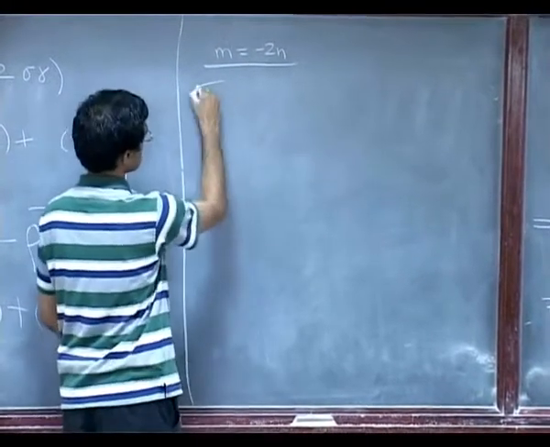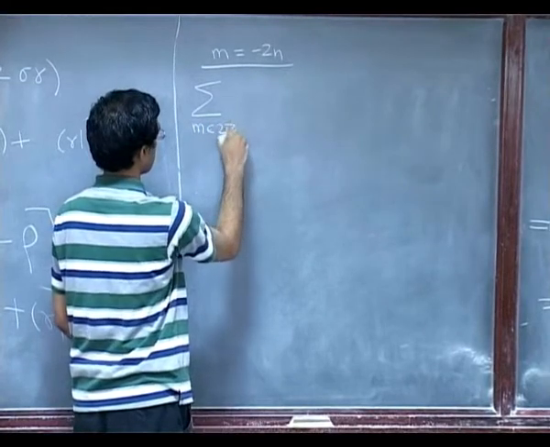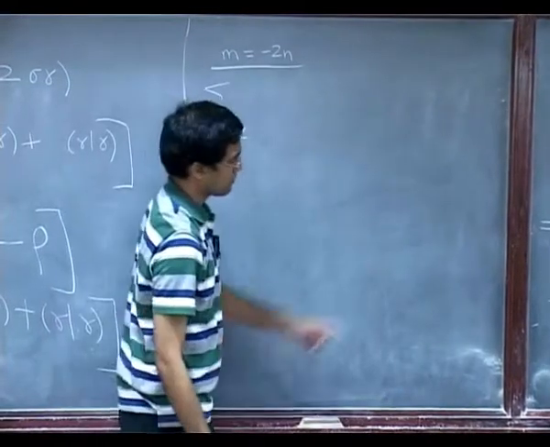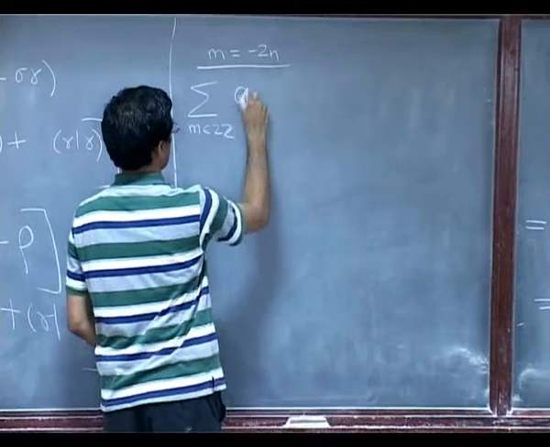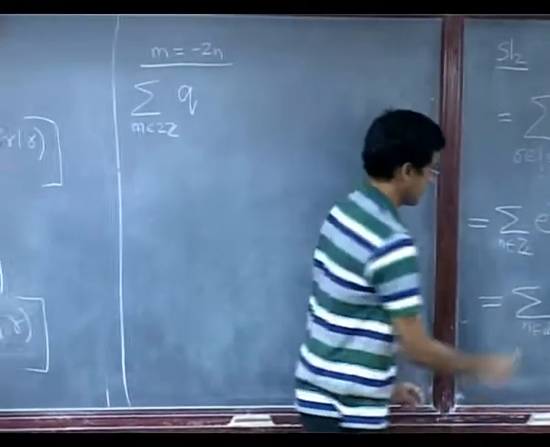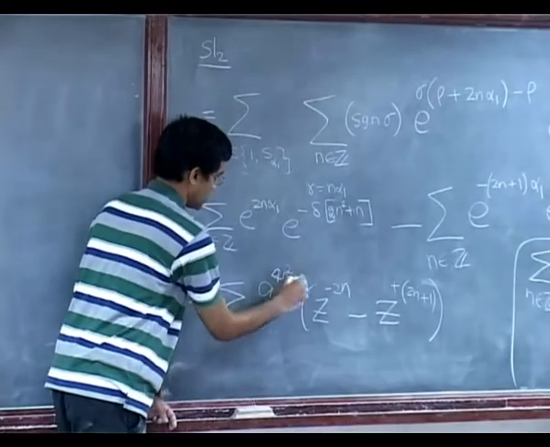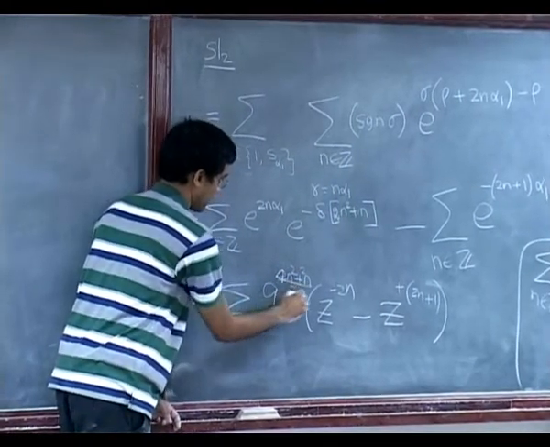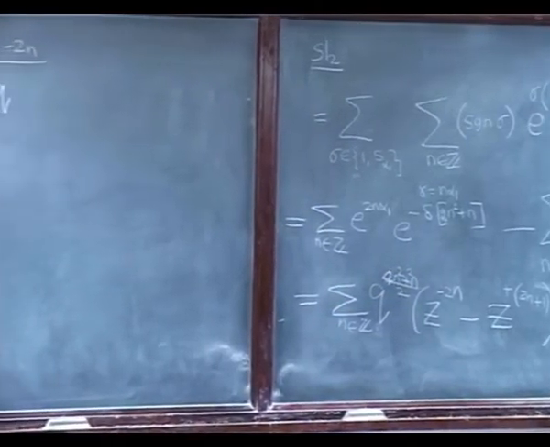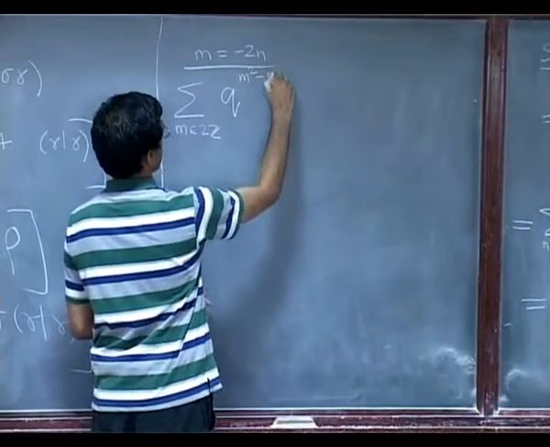So it now becomes a sum over all m in 2Z, it's only over the even numbers, of q to the, let's see, what's 2n square plus n? Let's think of it as 4n square plus 2n divided by 2. So it's 4n square plus 2n divided by 2. Okay, so that's nothing but m square minus m over 2.